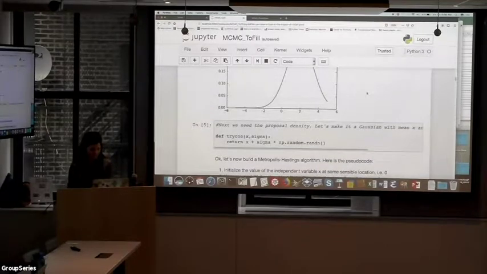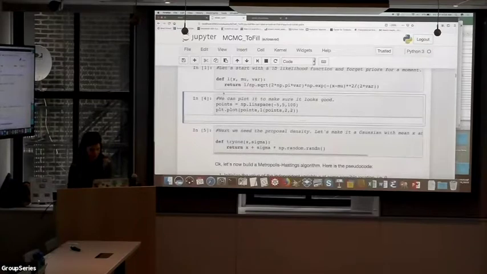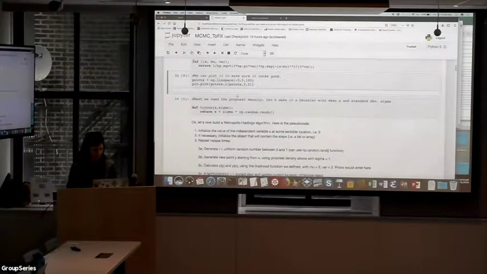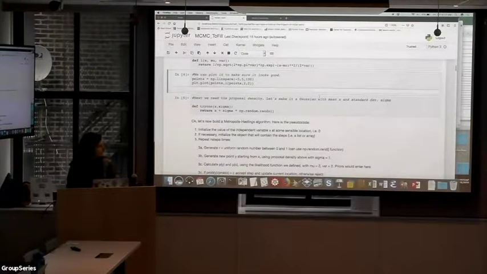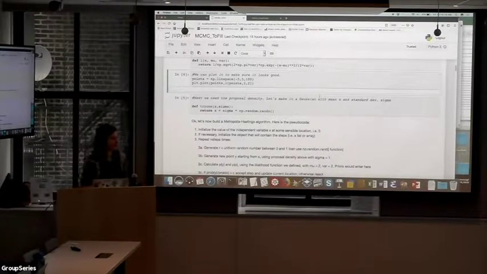Oh, okay. When you call it, that generates one. If it is rejected, the code doesn't change the old value. So if the rejection is happening, do you store and repeat that value again and again? Yeah.